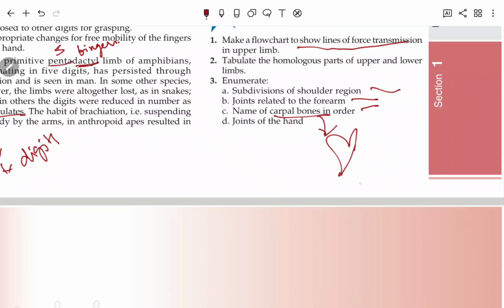Now proximal to distal, we have 8 bones: 1 2 3 4, 1 2 3 4. So this is the mnemonic through which we can remember the carpal bones.